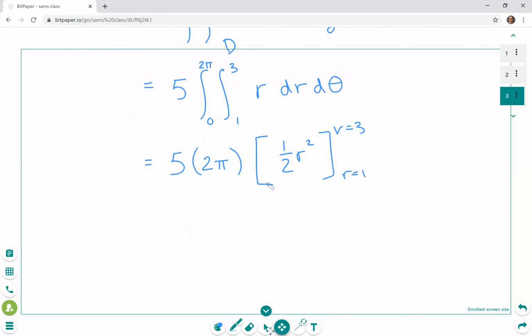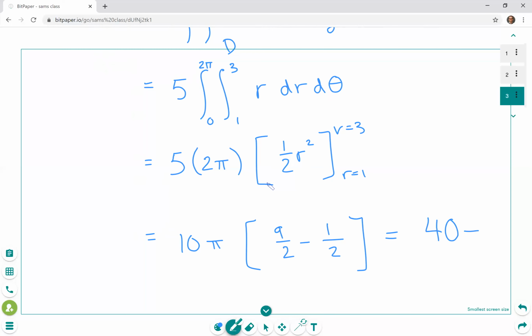Okay. So this becomes 10 pi times 9/2 minus 1/2, which is 8/2. In other words, 4. So 4 times 10 pi gives us 40 pi.